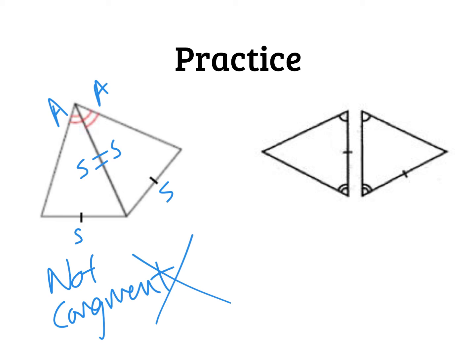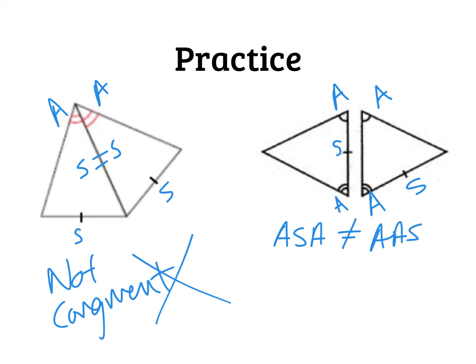On this other one, I'm given angle, a side, and an angle. And at the same time, I'm given an angle and a side. Notice how these two are also not congruent. Because this triangle on the left says angle, side, angle, but the triangle on the right says angle, angle, side. They need to show the same congruence in this picture.